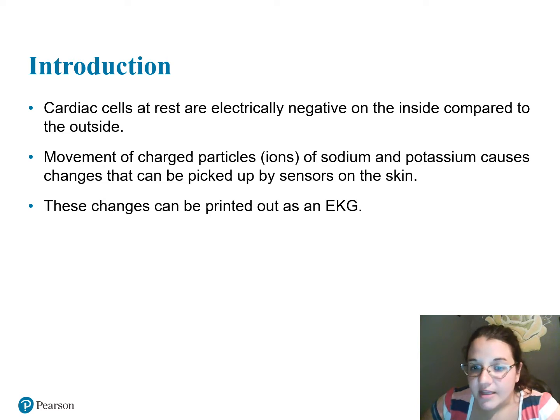The movement of a charged particle, this is going to be a positive charge, of ions of sodium and potassium cause changes that can be picked up by sensors on the skin. These changes can then be printed out on an EKG. That's a lot of information right there in your first slide.